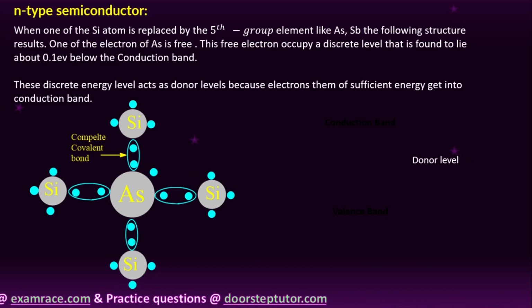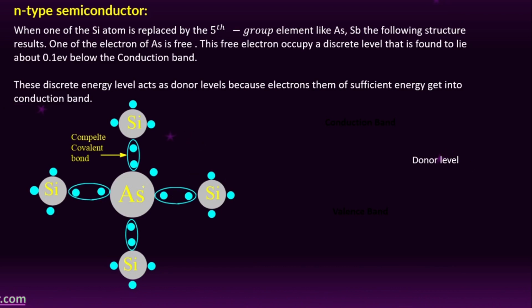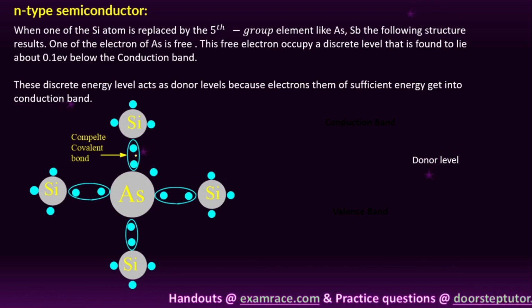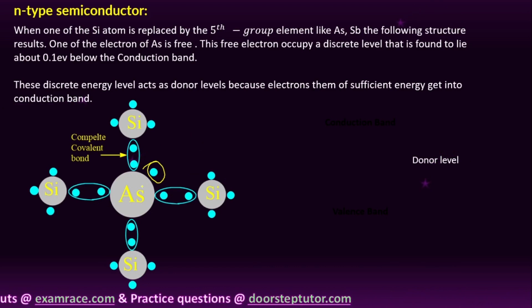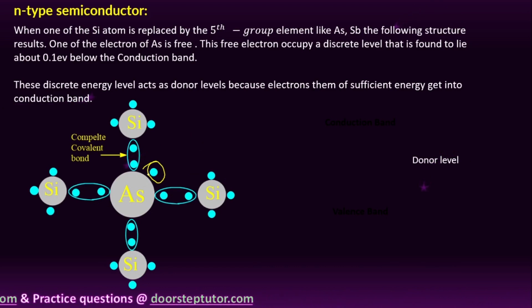Here you can see, one of the silicon atoms is replaced by arsenic. Therefore, arsenic is pentavalent, meaning 5 valency electrons are there. These 5 valency electrons can form 4 covalent bonds with the 4 neighboring silicon atoms, but one free electron is left over in this interstitial space.